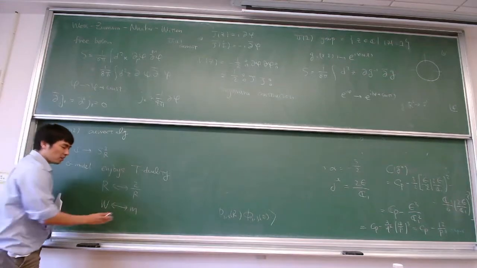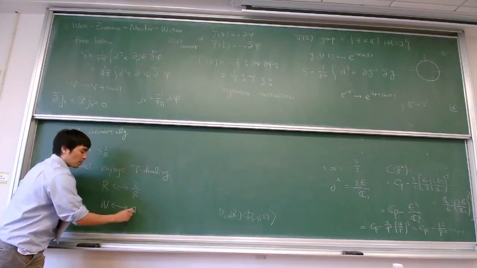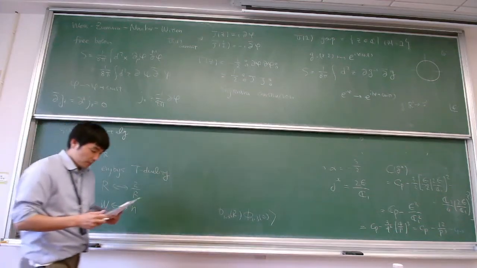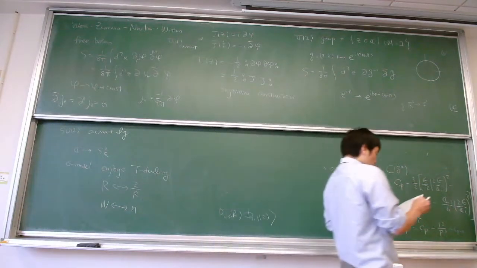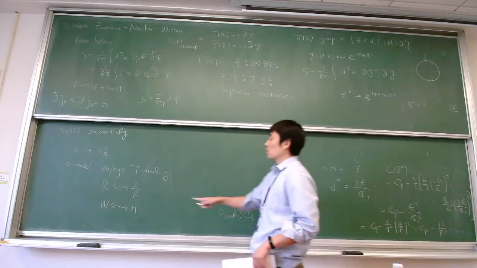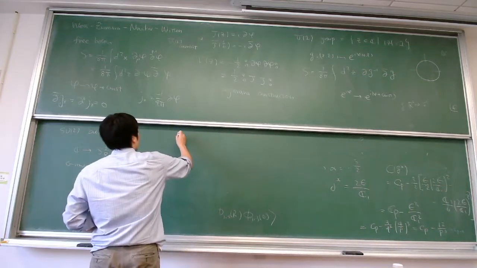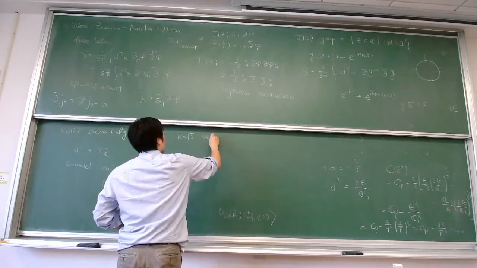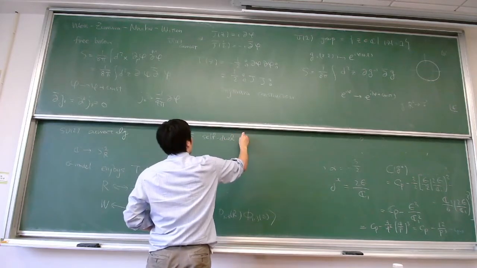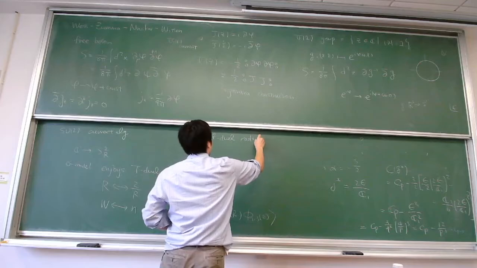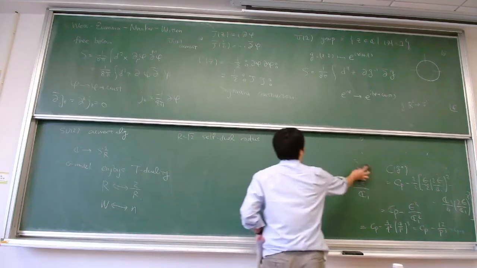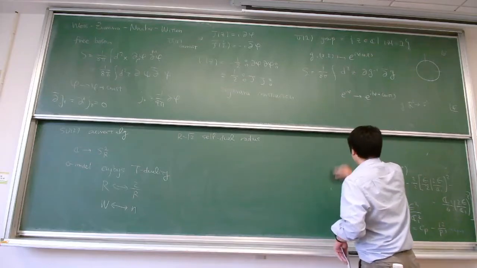That's what we have learned. And now we consider R equal to square root 2, the self-dual point, the self-dual radius. I already introduced that at that time. Let's see what's going to happen at this point.